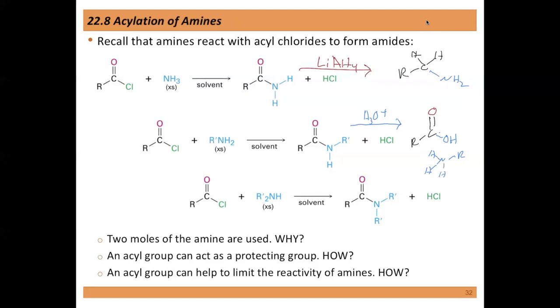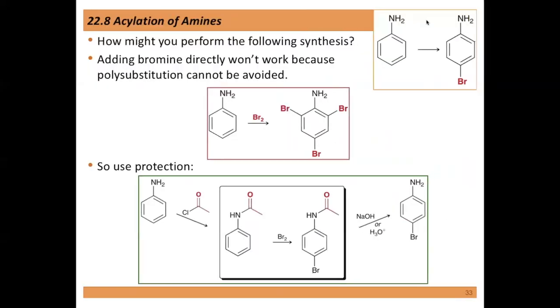Since we're under acidic conditions, we actually would get a positive ammonium in this case. But if you notice, what we could do is we could protect our amine, and then if we hydrolyze it, we could deprotect it. So in some cases, it may be advantageous to actually protect amine to avoid unwanted side reactions. And here are some examples of those reactions.